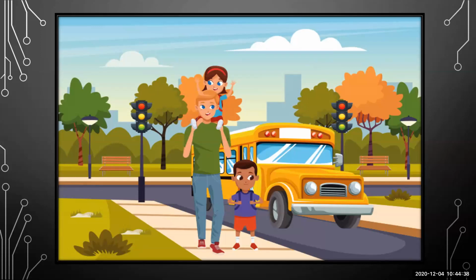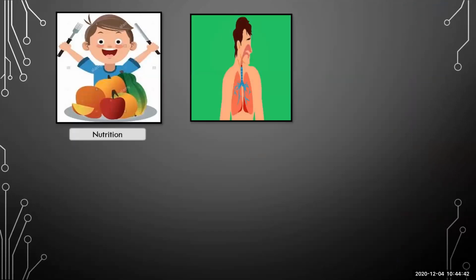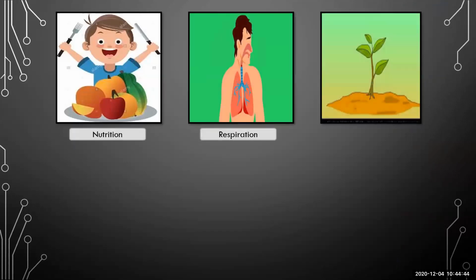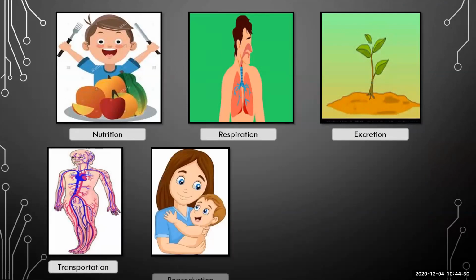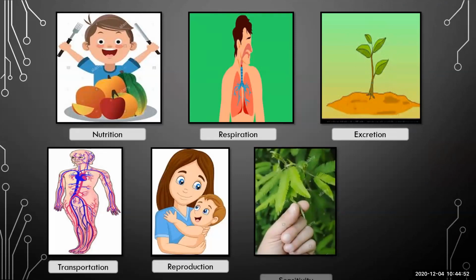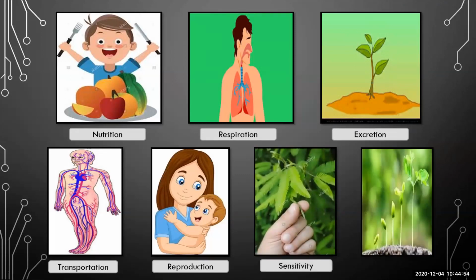Some of the processes such as nutrition, respiration, excretion, transportation, reproduction, sensitivity, and growth are the processes which we can see in living things only, and which we cannot see in non-living things.